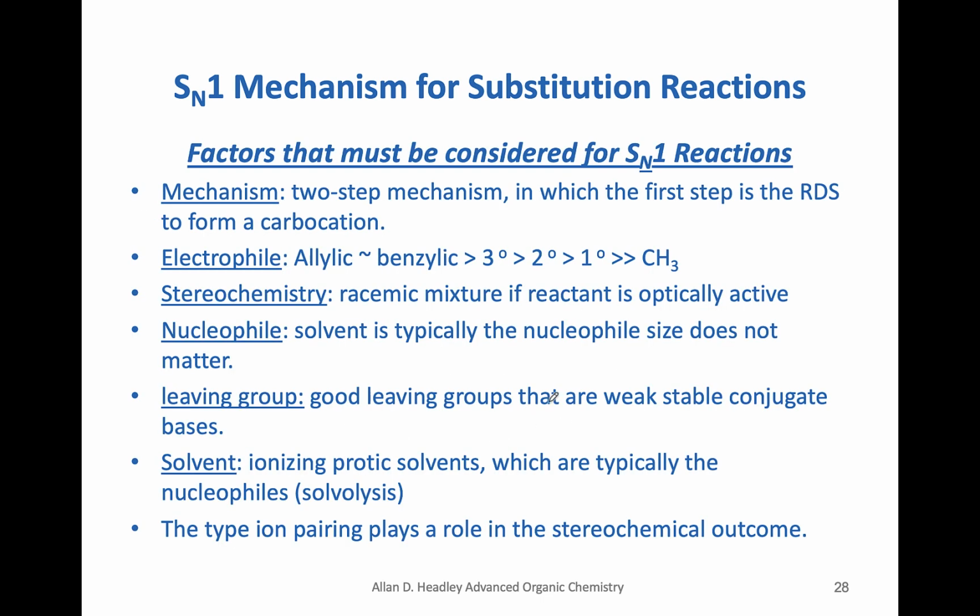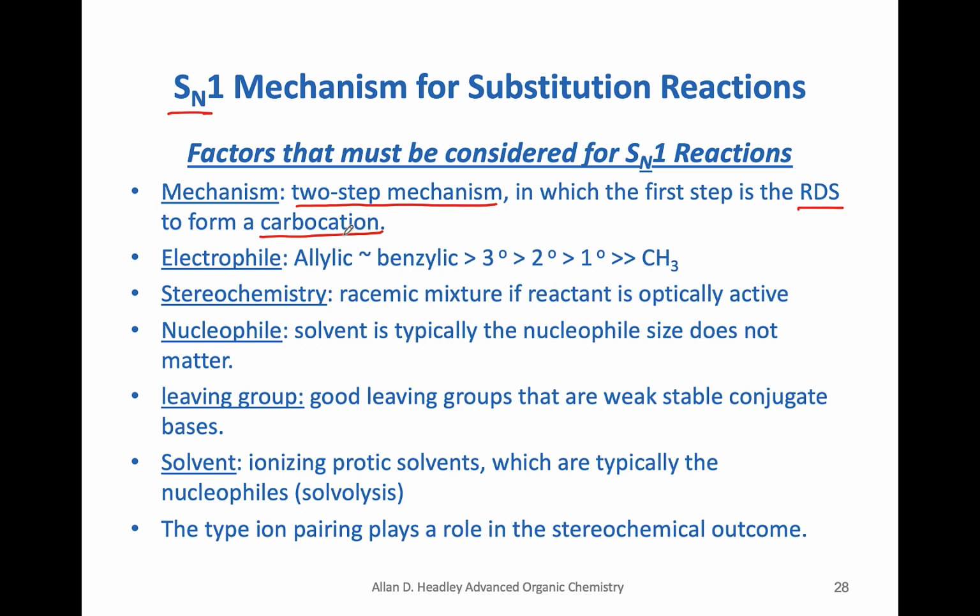Lastly, a summary of the SN1 mechanism for substitution reactions. The mechanism is a two-step reaction. Notice it's a two-step in which the most important step is the rate determining step, in which there's the formation of a carbocation from the electrophile.